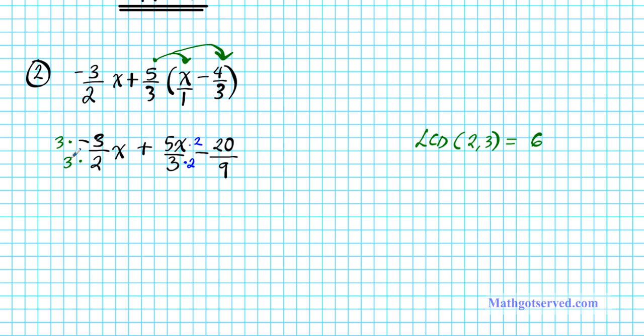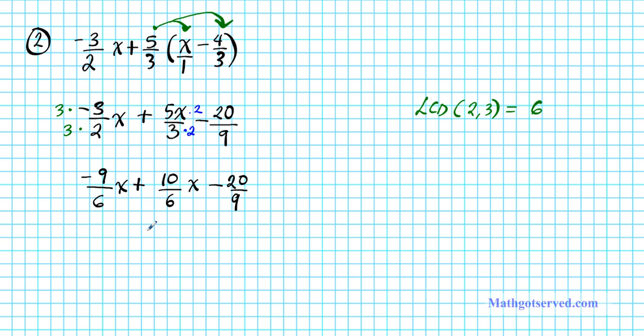So we have here 3 times 3, negative 9, over 3 times 2, 6, x, plus 2 times 5, 10, over 3 times 2, 6, x, minus 20 over 9. Now that the denominators of these two like terms are identical, we can now combine them.